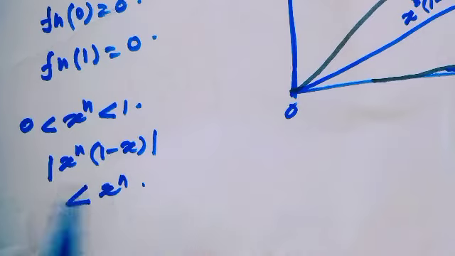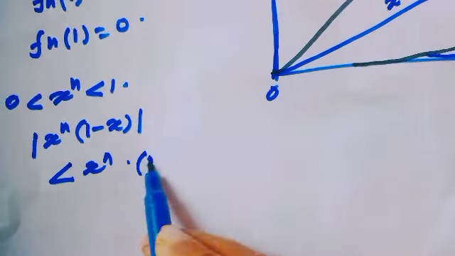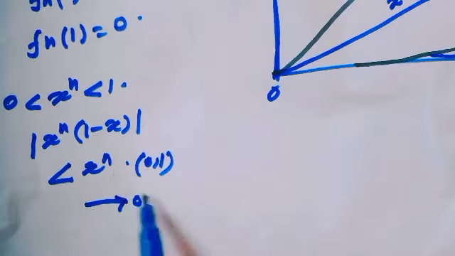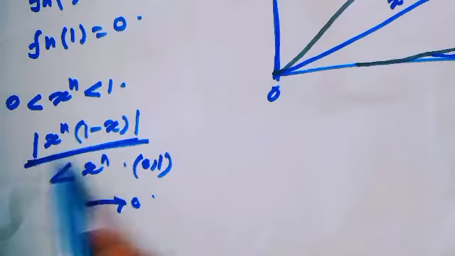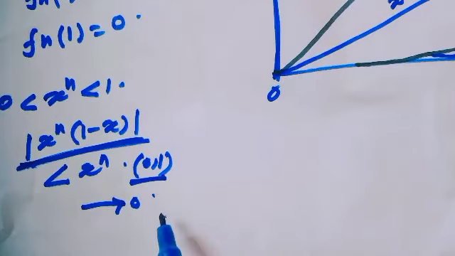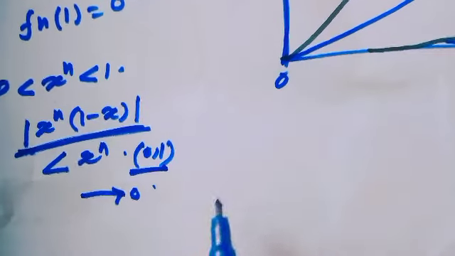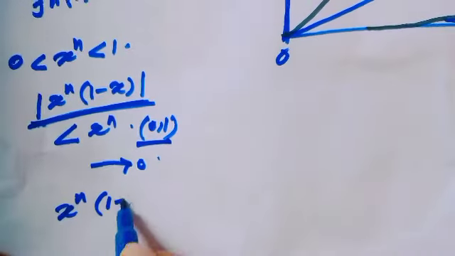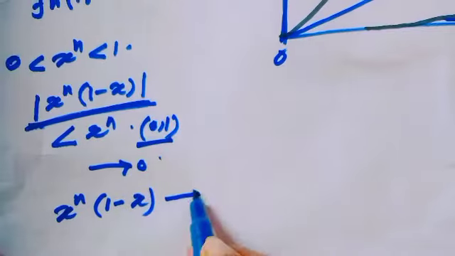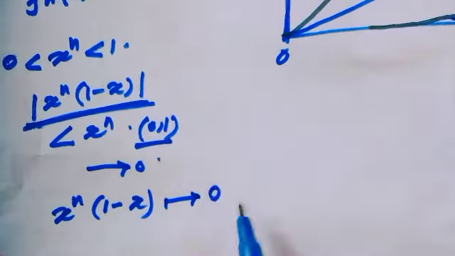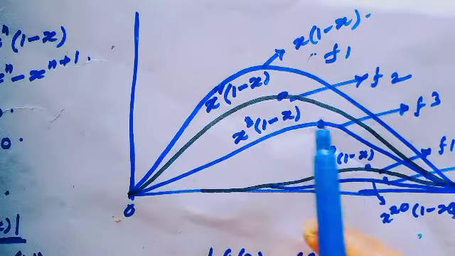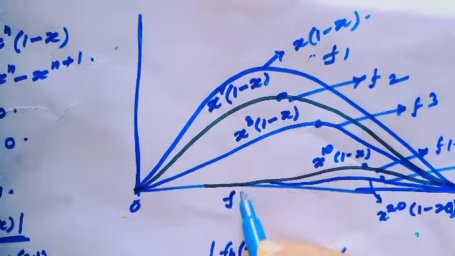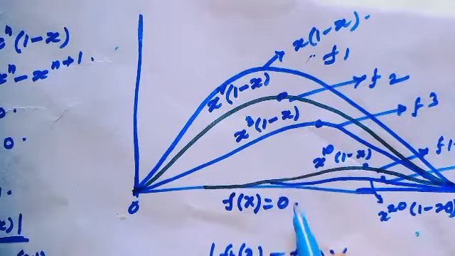In the interval [0, 1), since x to the power n tends to 0, obviously this function also tends to 0. That means our given function x to the power n times (1 minus x) converges pointwise to f(x) equals the zero function.